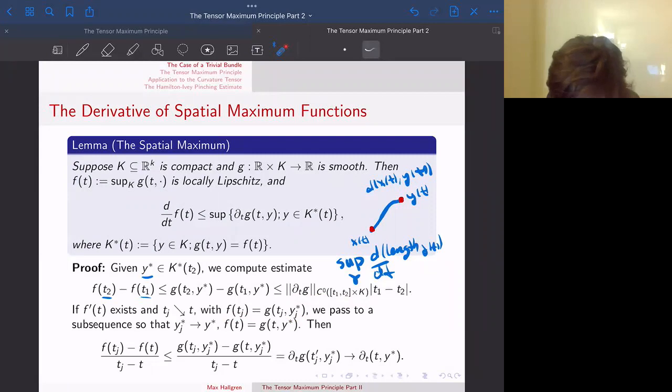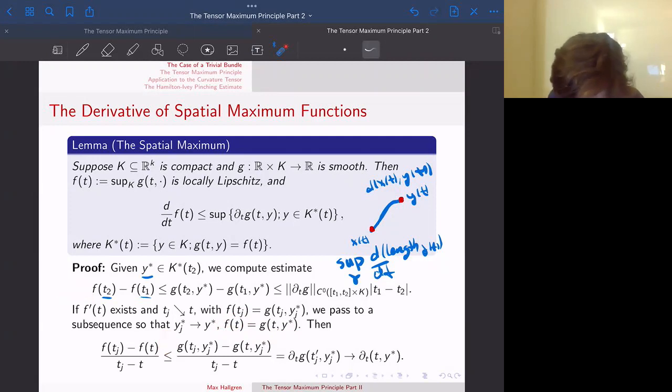So we can pass to a subsequence so that these points where the spatial maxima occur accumulate on some point y star. And so just by passing this to the limit, we get that y star is now going to be a point where the spatial maximum of f of t is achieved. Okay, and so then this inequality follows up here.